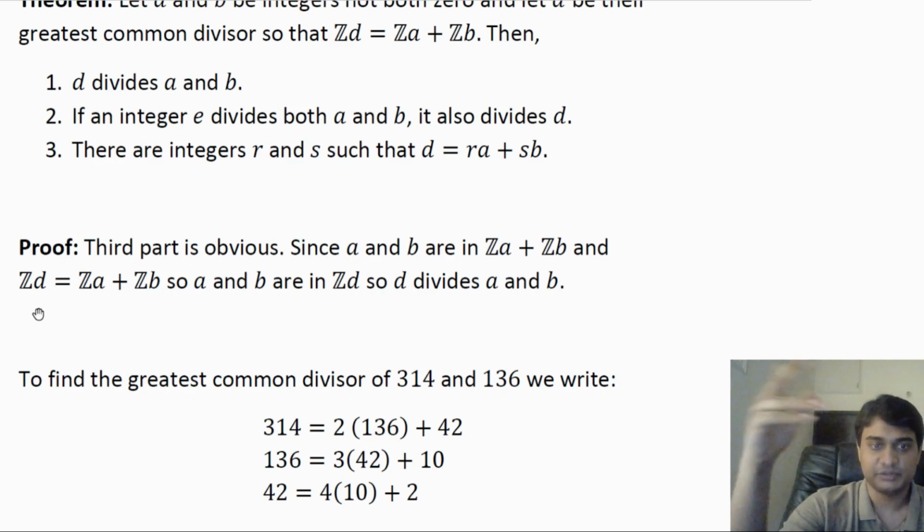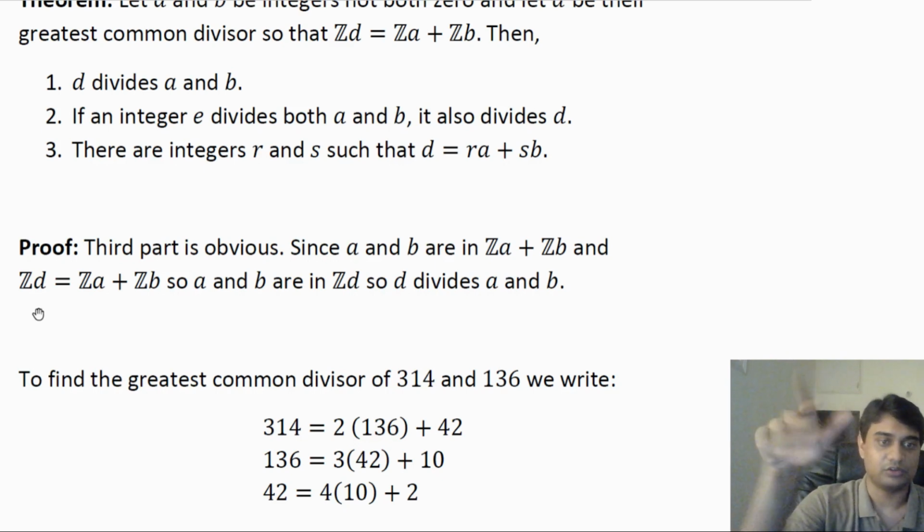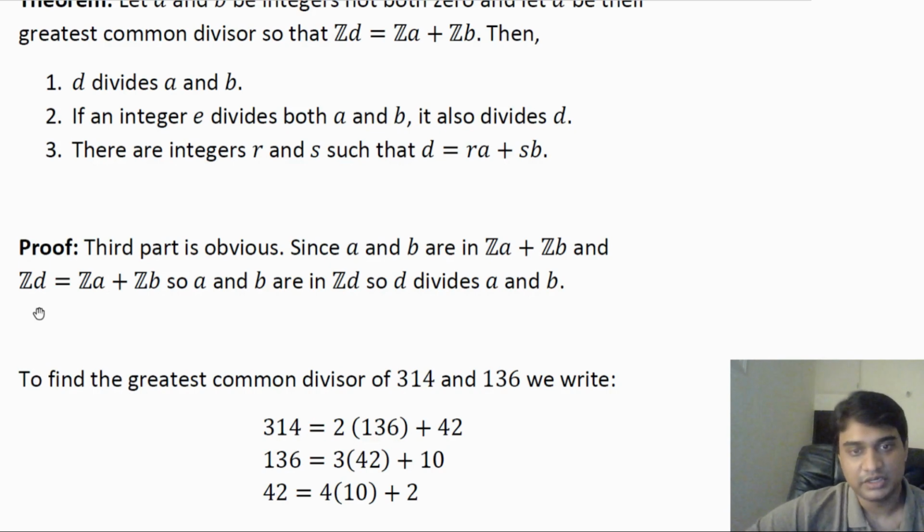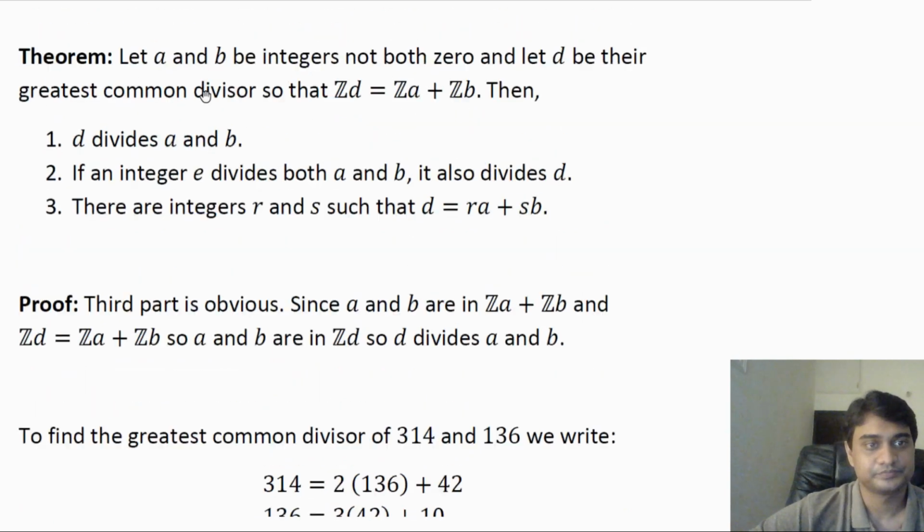If A can be written as D times some integer, it means D divides A, and the same for B: B can be written as D times some integer, so D divides B. D divides both A and B. So this is the proof of the first part.